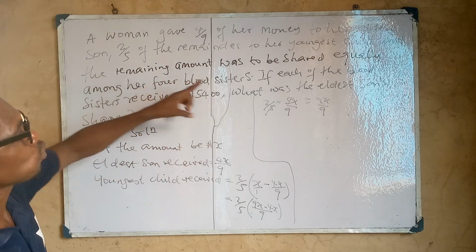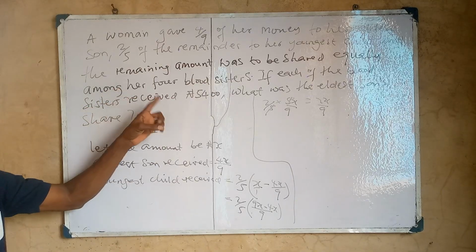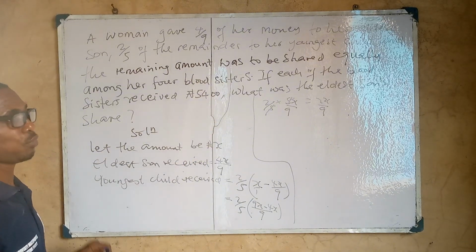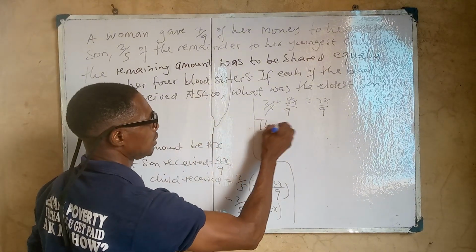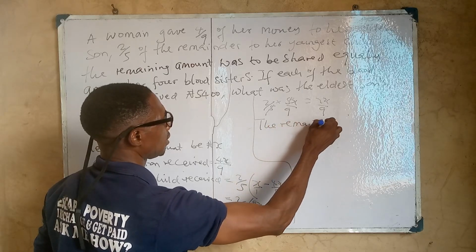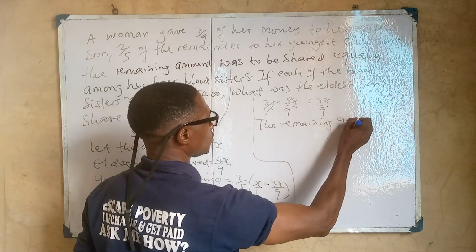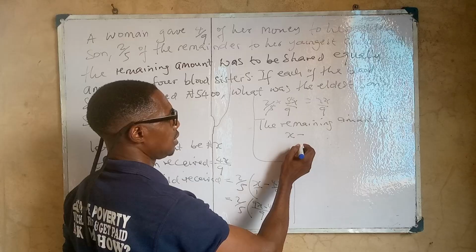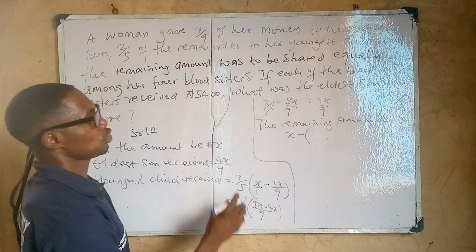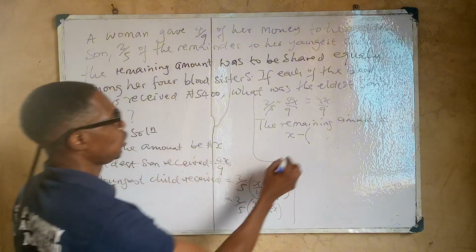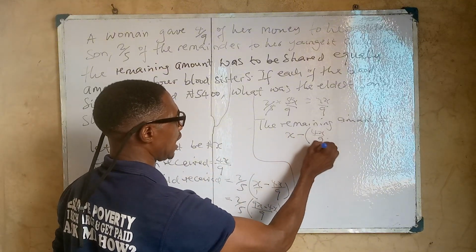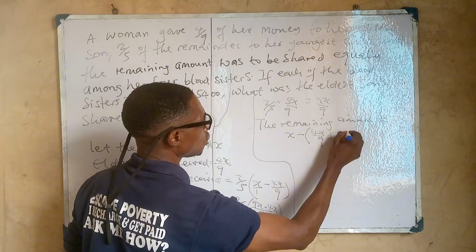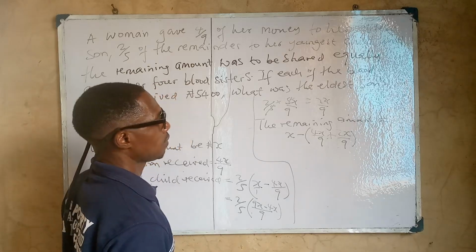And the remaining amount has to be shared equally among our 4 blood sisters. The remaining amount. How do we get the remaining amount, before we talk of sharing? The remaining amount is equal to the total money x, minus the share of the eldest son, which is 4x over 9, and the share of the youngest child, which is 2x over 9.